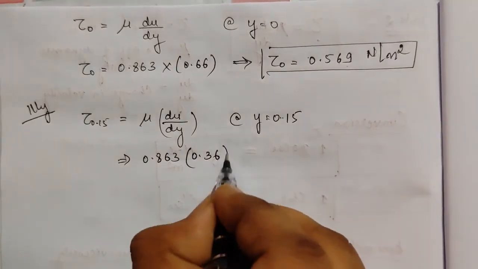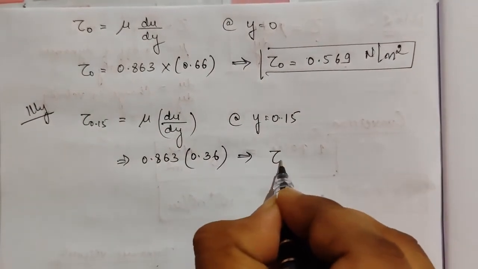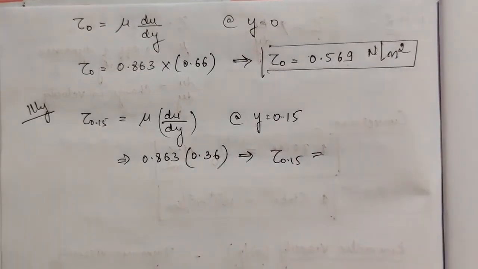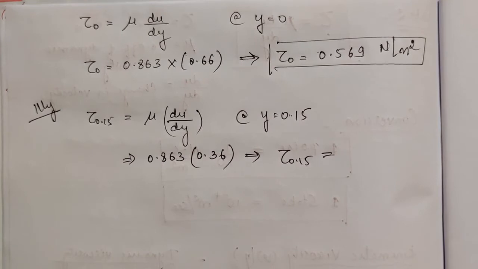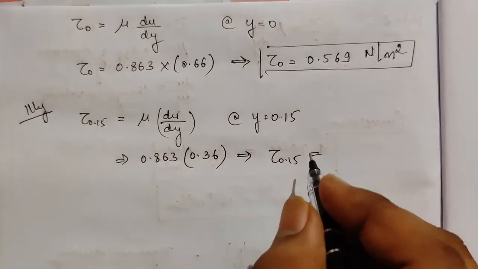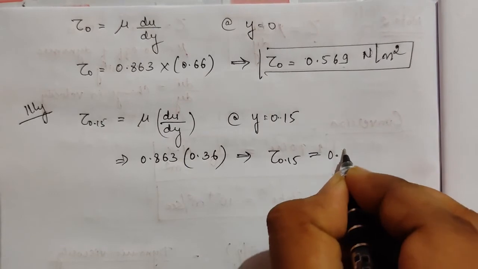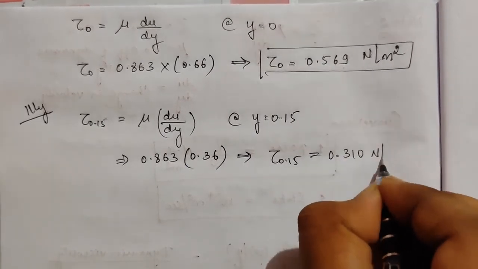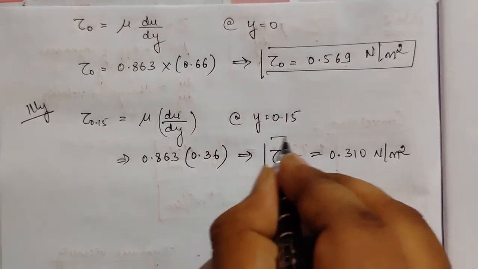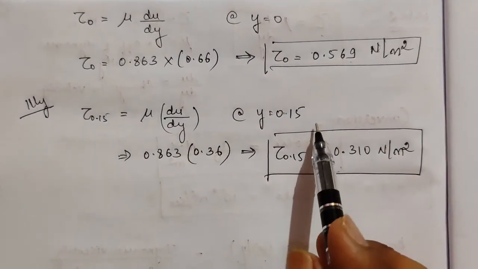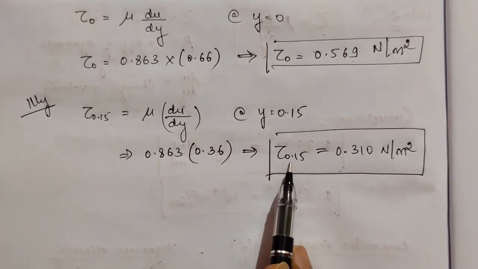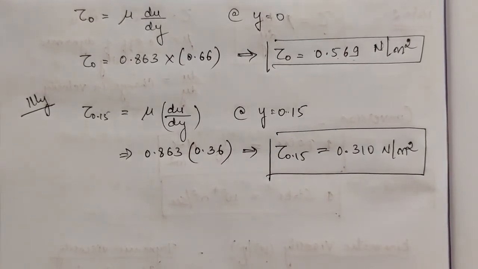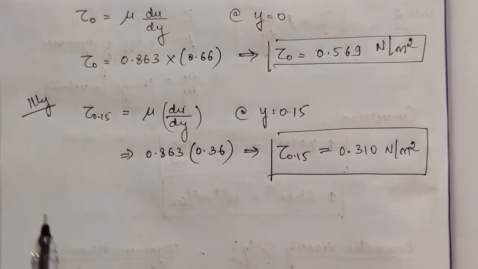So tau at 0.15 is equal to 0.863 into 0.36, which is 0.310 Newton per meter square. So shear stress at y equal to 0 is 0.569, and shear stress at 0.15 is 0.310 Newton per meter square. So this is the solution of this problem.